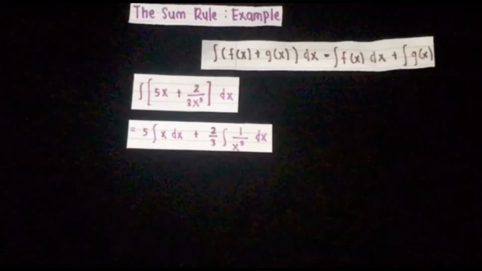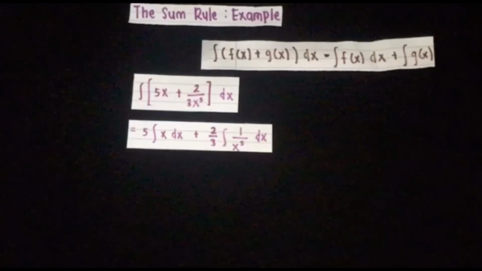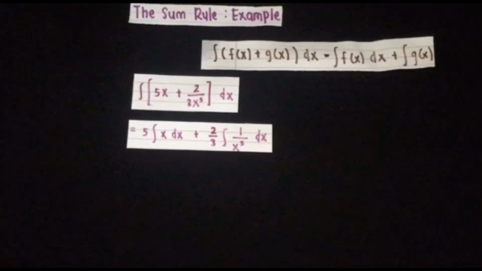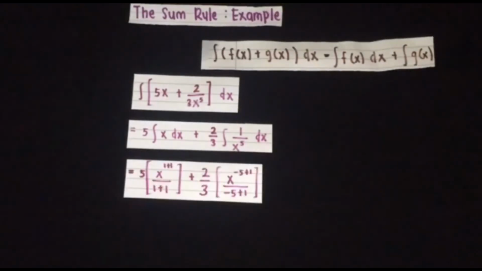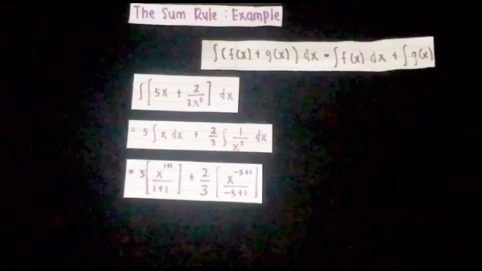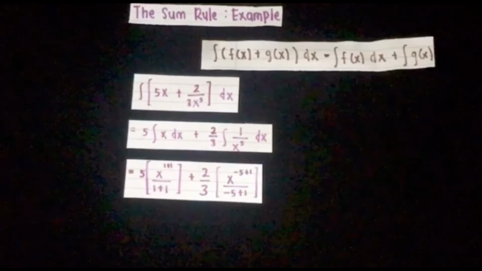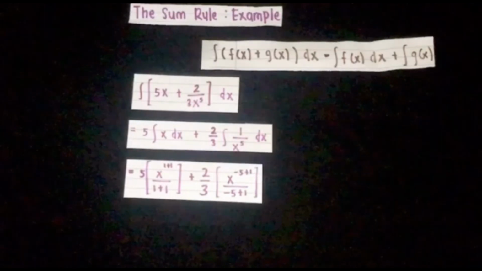Basically, what I wrote, I already applied the constant coefficient rule, where I take out the constant number to the front. Next, the constant 5 times x to the power of 1 plus 1 over 1 plus 1, plus constant 2 over 3 times x to the power of negative 5 plus 1 divided by negative 5 plus 1.